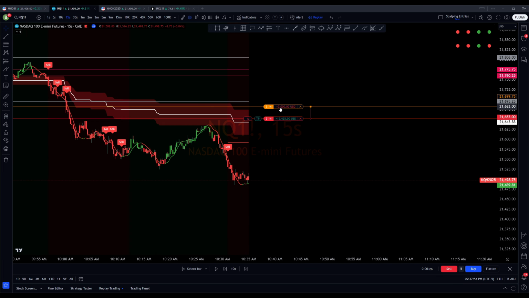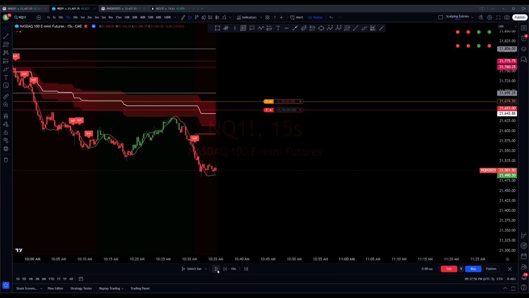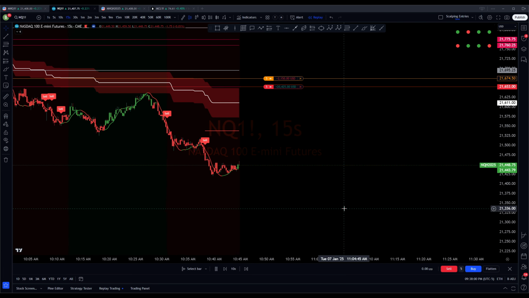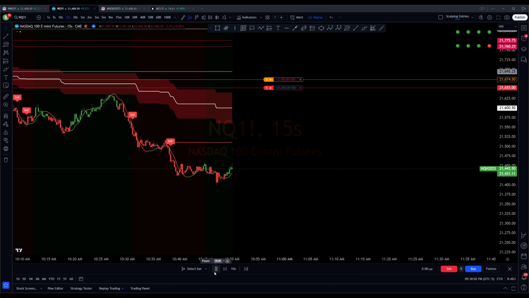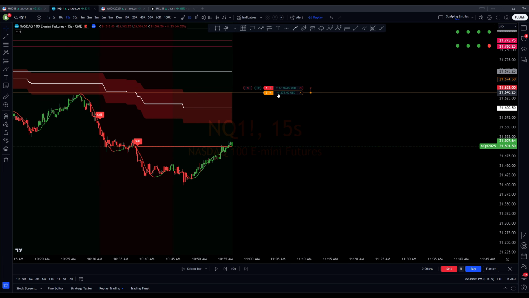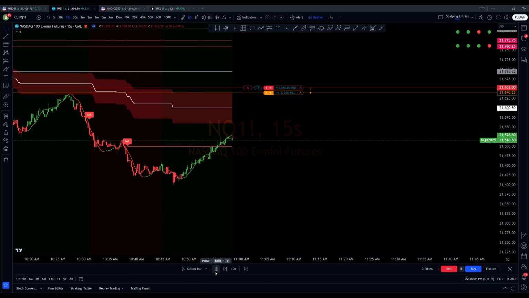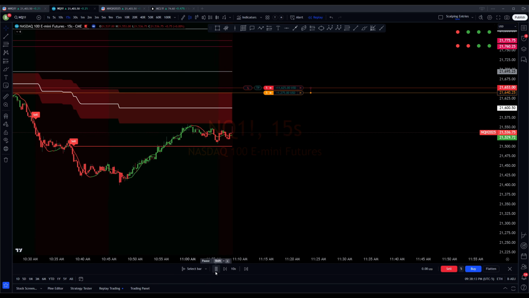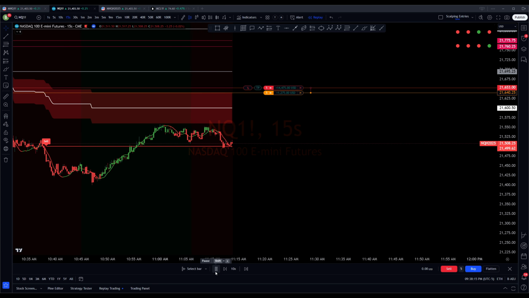So we get another sell signal there. It's moving down, we're pushing or dumping. There you go. Oh yeah, we can move our stop loss there. There it is. More red backgrounds.